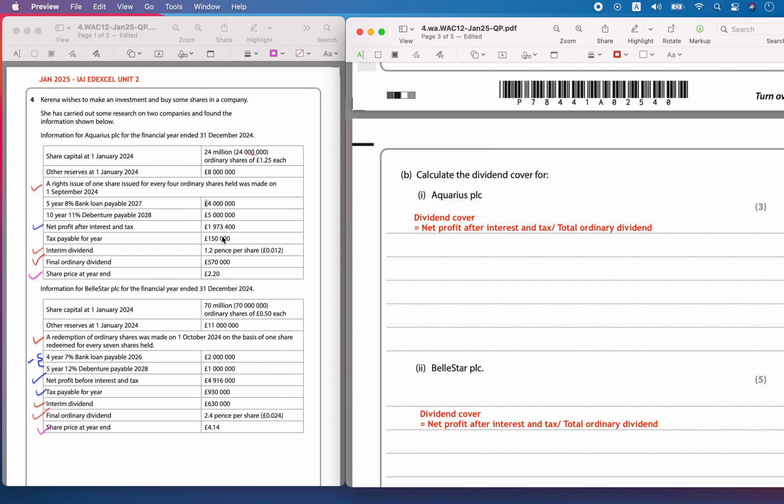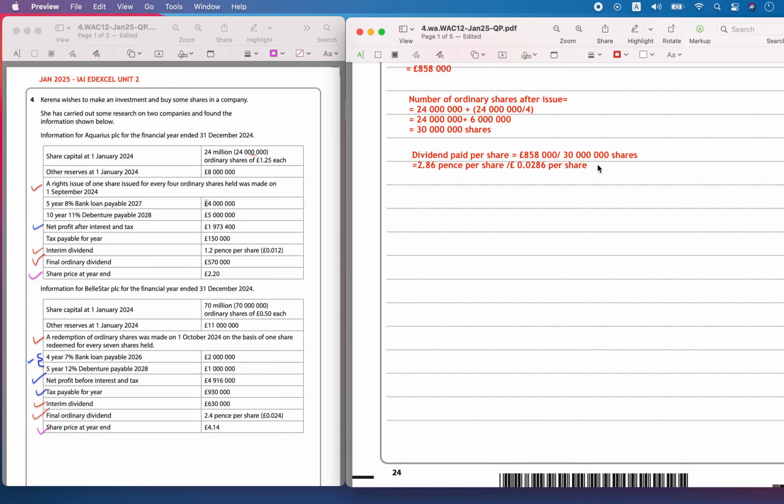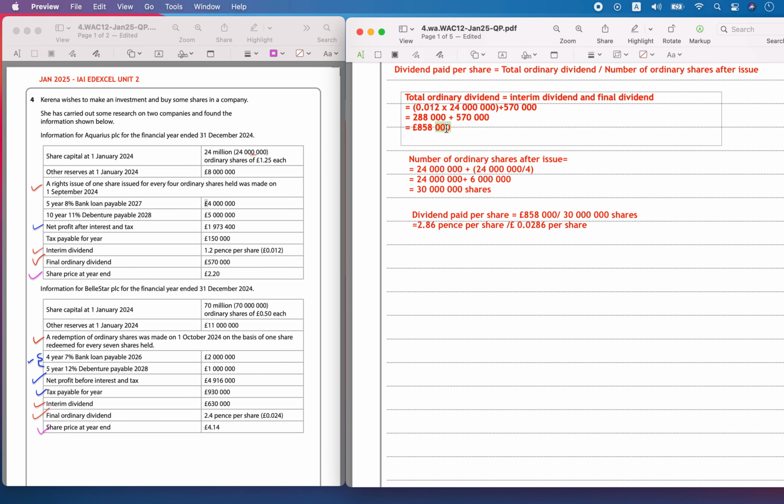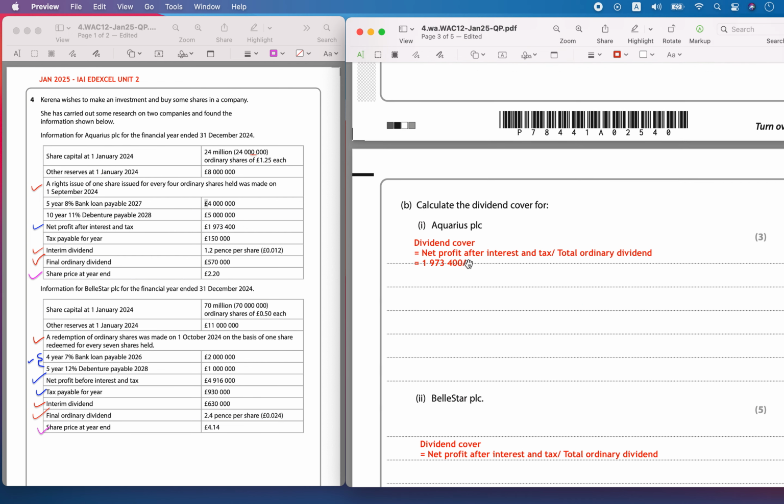The net profit after interest and tax is 1,973,400. This is divided by the total ordinary dividend, which we calculated here. The total ordinary dividend was 858,000.